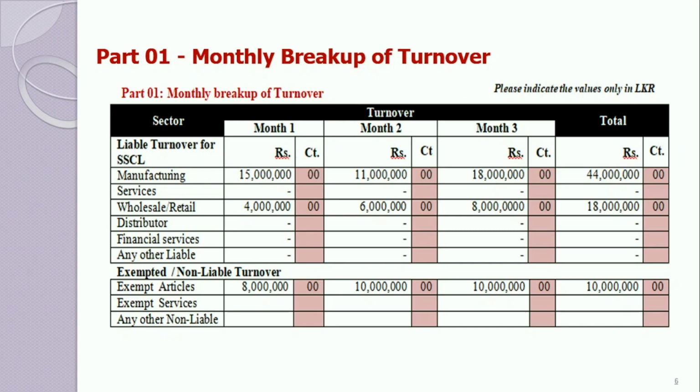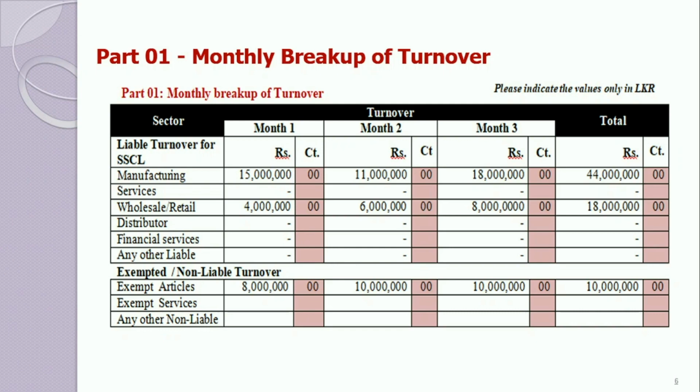Accordingly, the export turnover of the AB Private Limited should be declared under exempted articles, and the local sale of the manufactured goods should be declared under the manufacturing sector for each relevant month of that quarter, and also the turnover from the sale of imported goods should be declared under the wholesale retail sector.